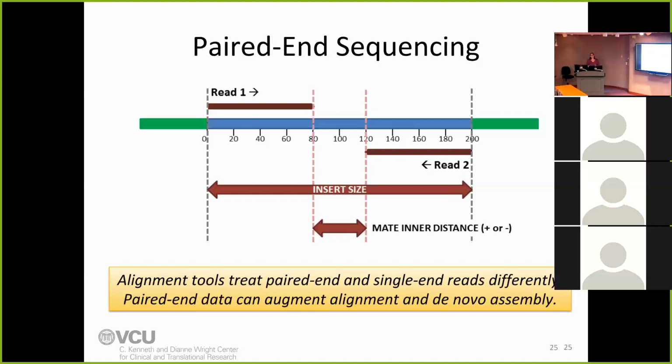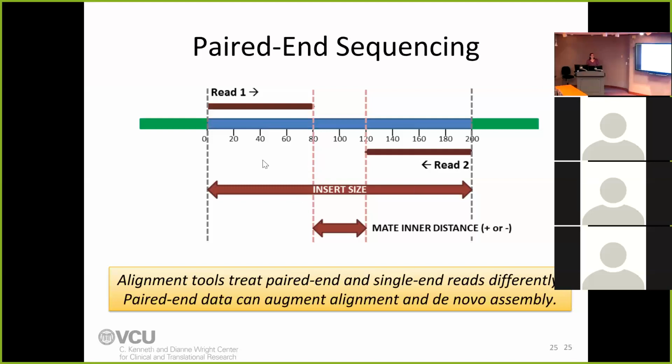Because once you chop up that DNA, they can actually go in and only pull out, say, sequences that are 1,000 base pairs long, 500 base pairs long. So you can do size filtering in the library prep step. So if I know what this insert size is, I can feed that into the alignment algorithms, and they can find better, more accurate alignments with the paired ends.